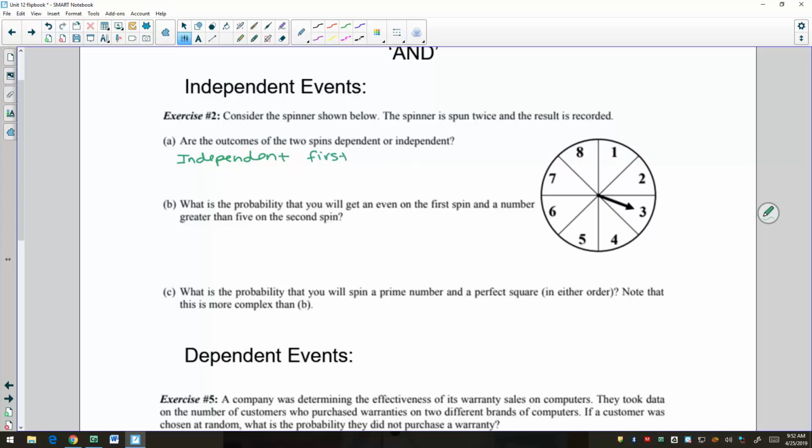Whatever you get in the first spin has no change on the probability of what will happen on your second spin. Now, if I said, once you spin the first spin, that number disappears and you can't get it again, then yes, it would be dependent, but that's not the case. So independent, because the first spin doesn't change the probability of whatever they're asking you to get on the second spin.